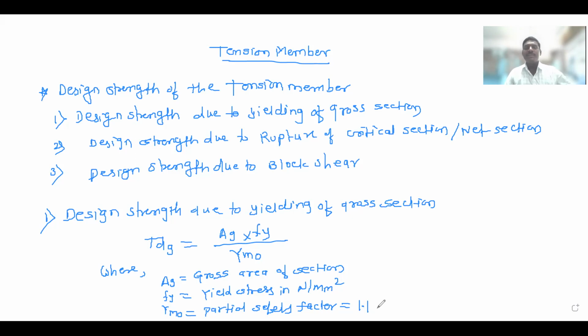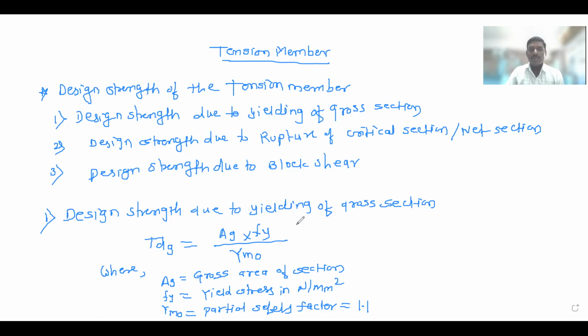If you see the PDF I have shared in our study material link, one of the slides has this table. So for the partial safety factors gamma m0, m1, mb, we have seen the values. This is the design strength due to yielding of gross section.